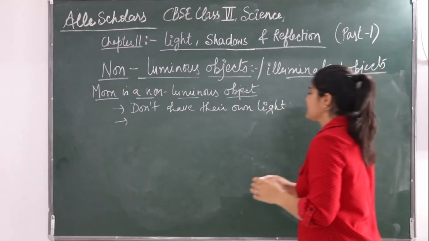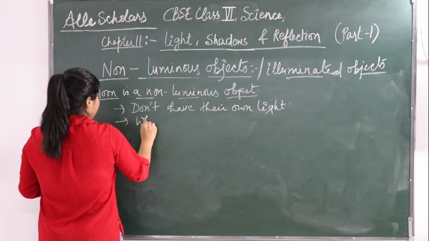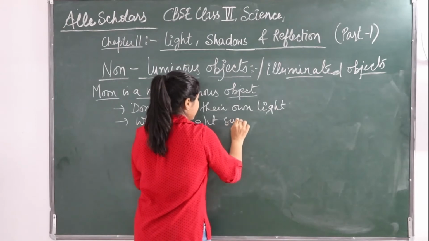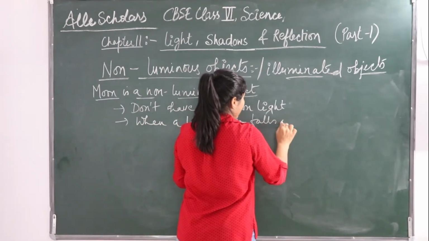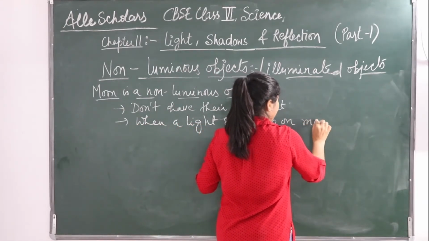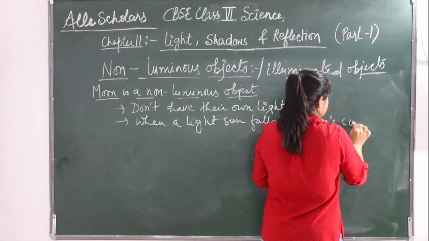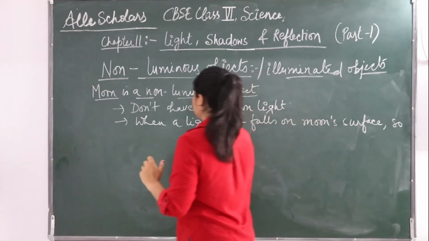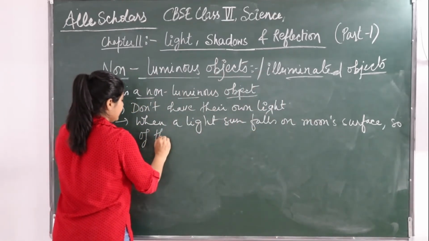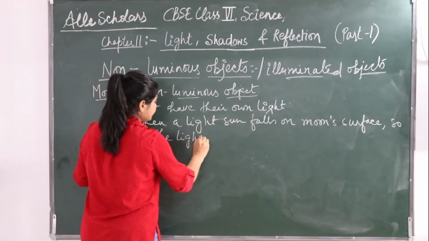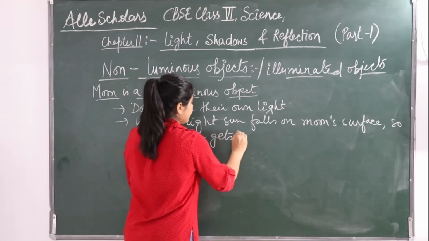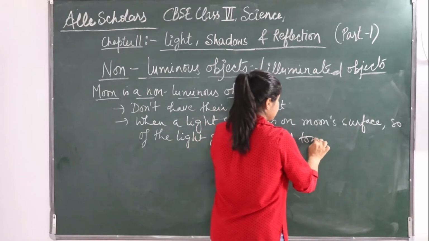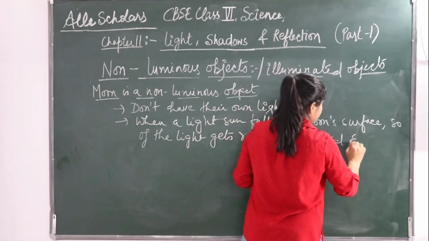but what happens when the light of the sun falls on the moon's surface? Some of the light gets reflected towards earth.